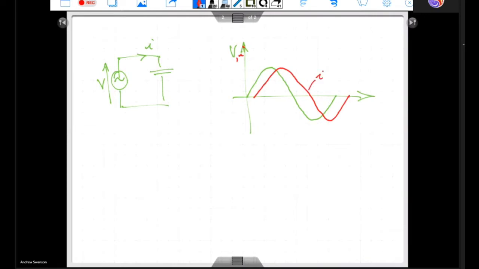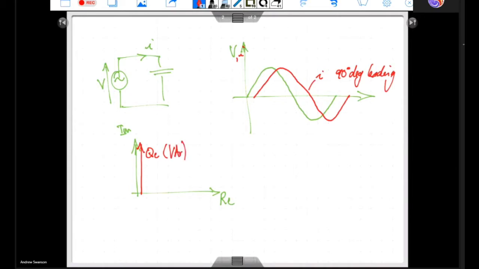It'll be 90 degrees leading. Right, so in this case, we only have reactive power. That's given in VAR.